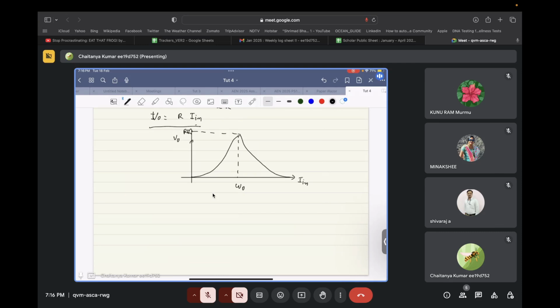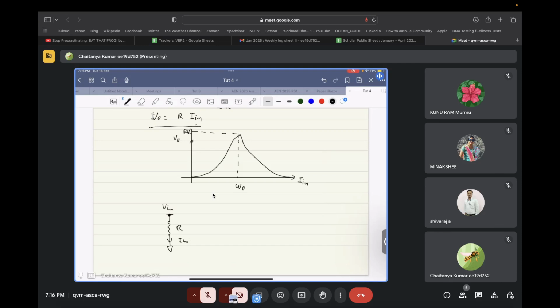So how can you convert a voltage into a current? You need to pass it through a resistance, right? So let's say I had a resistance of value R connected to ground. Now if I give some input V in over here, what will be the current flowing through this resistor?